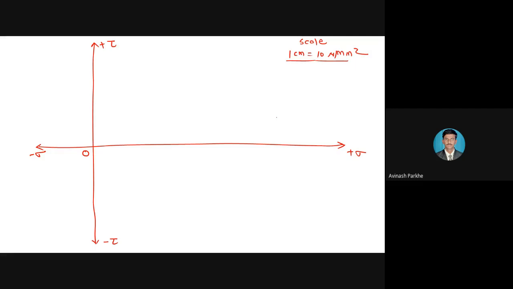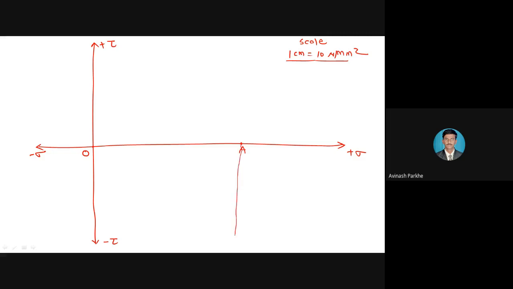Okay. So now we have to draw the Mohr circle. So what we have to do? Let us see. The same procedure we have to follow. That is, sigma x is equal to 100 Newton per mm square and sigma y is equal to 40 Newton per mm square. Both are tensile. So both will be located at the right side of the origin. So first, from this origin point O, locate the point A at 10 centimeter, because point A represents the position of sigma x.